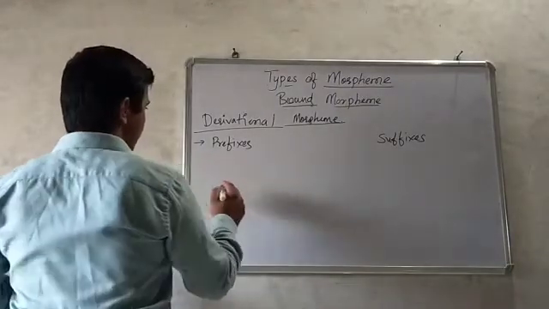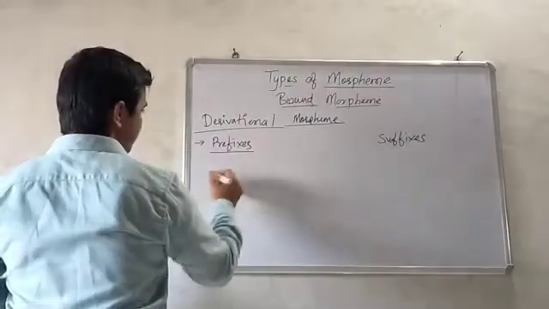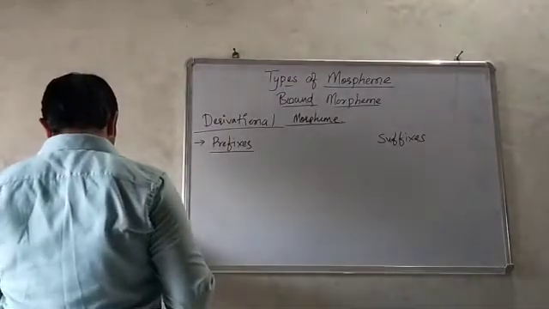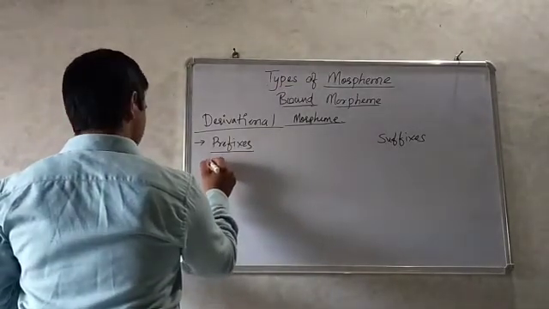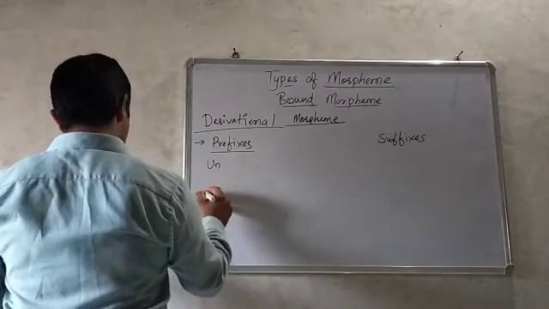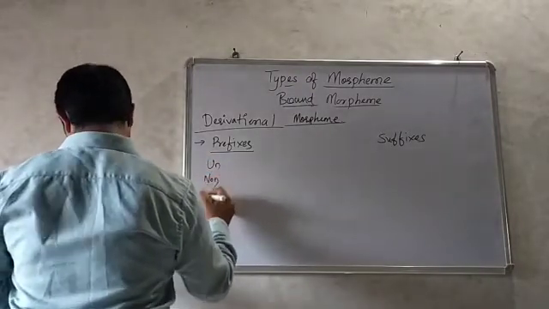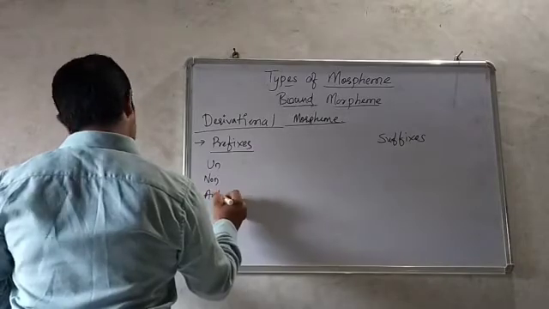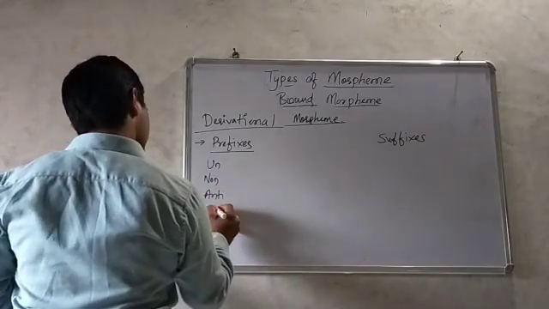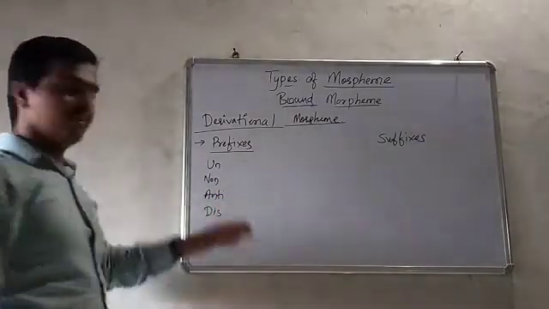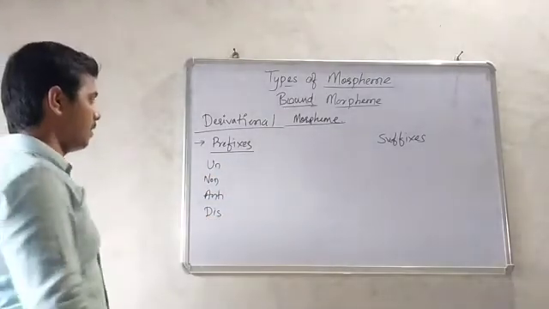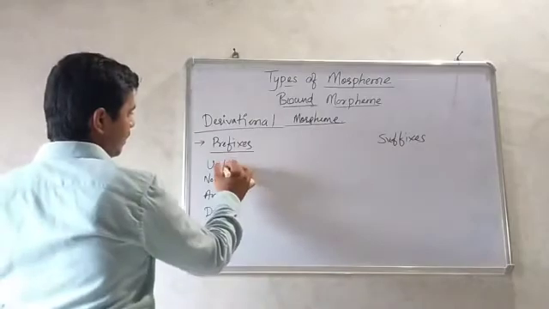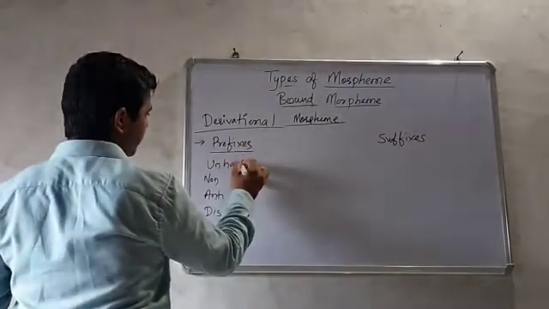Under prefixes we will see some root words, that is un, non, anti and dis. These are the prefixes. Now un, we can say unhappy.